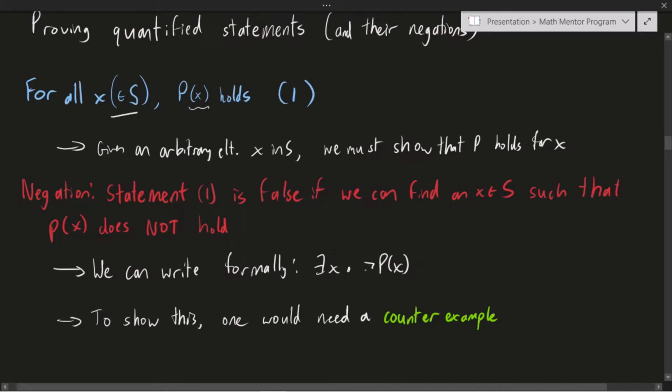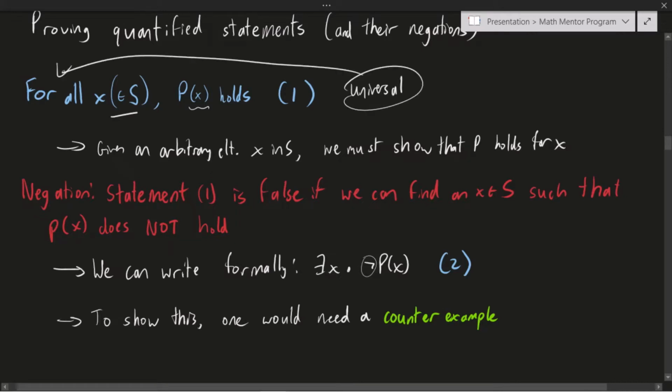You see here I've used the negation symbol not. I'll call this formula 2. To really prove this, the easiest way is to form a counterexample. This is a common method of proof that will often be used to prove the negation of a universal quantification. Remember, this one here is a universal quantification because it has the words for all in it.